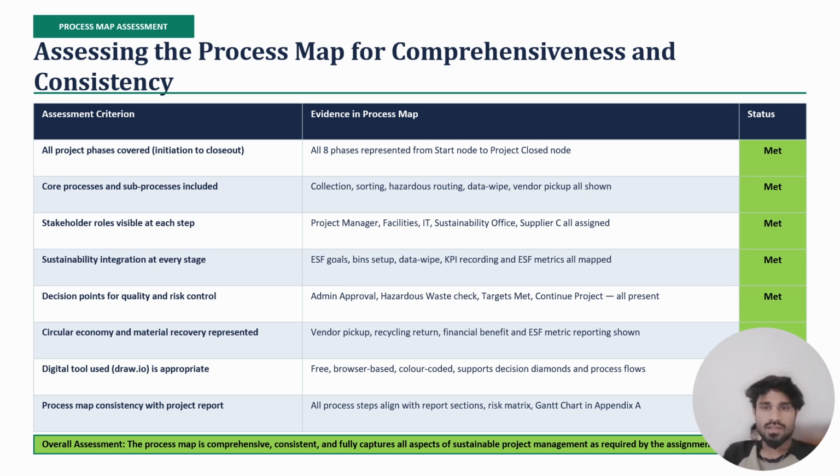nine-slide process map assessment across the eight assessment criteria. The process map achieves the met status on all. All the phases, process, stakeholder roles, ESF integration points, and the decision controls are present and correctly sequenced. I have also assessed the internal consistency: every process map step is directly aligned with the corresponding written report tags, the MS Project Gantt, and the entry in the risk matrix.